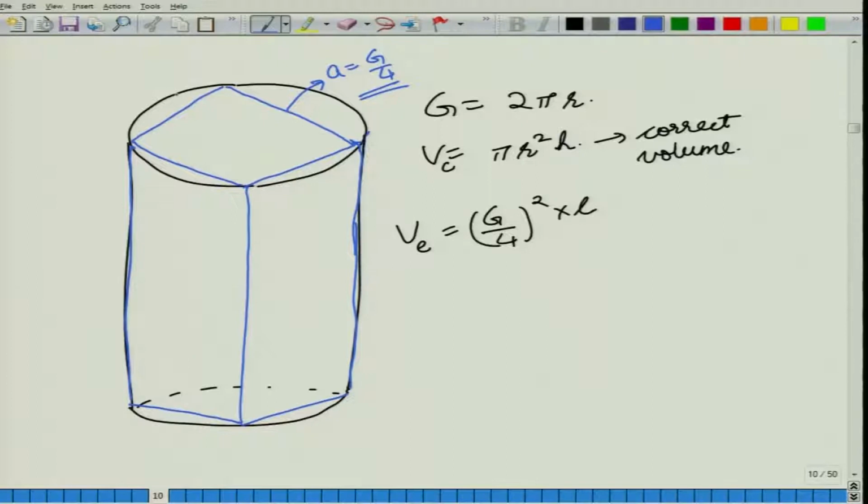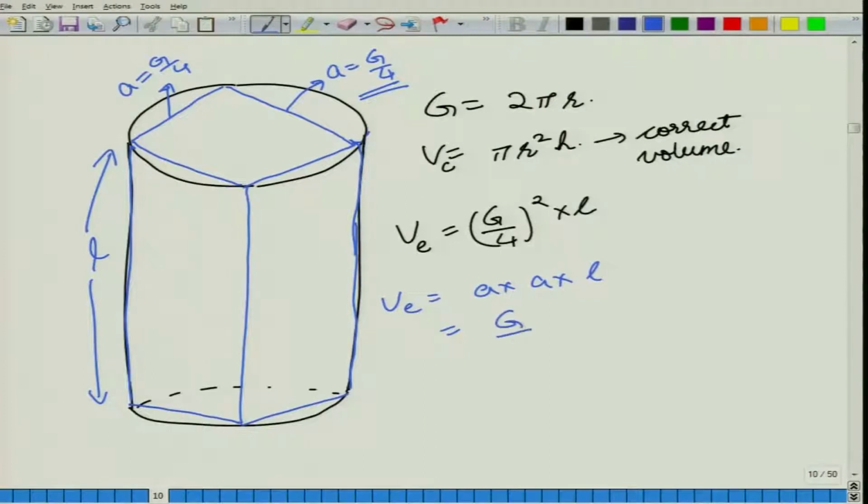It has a cross sectional area that is a square, so A is equal to G by 4, and the length of the solid is the same as the length of the cylinder. So, the volume is given by A into L, because the volume of a cuboid is length into breadth into height, and because A is G by 4, we write it as (G/4) squared into L.